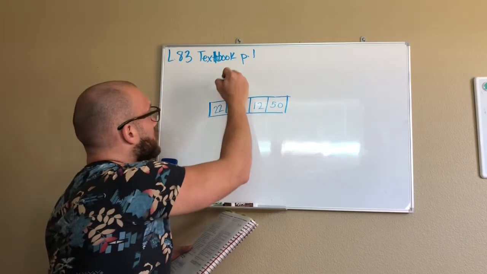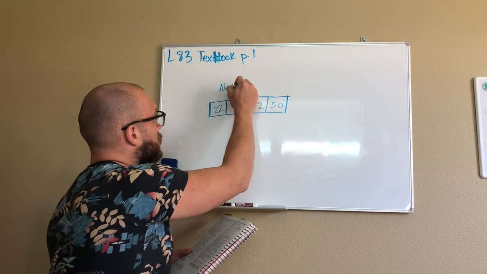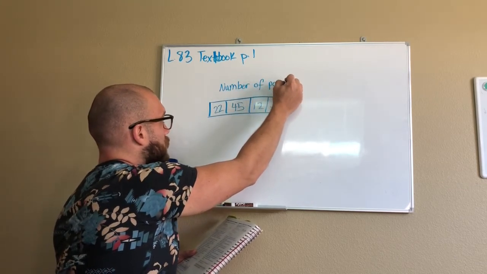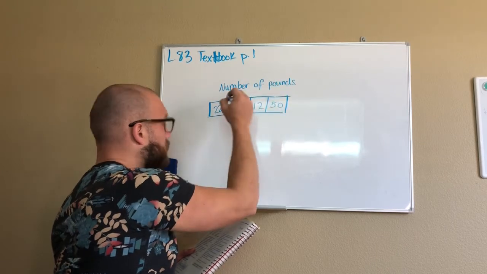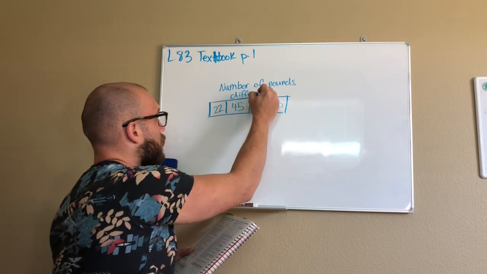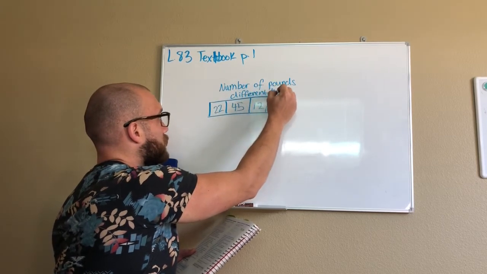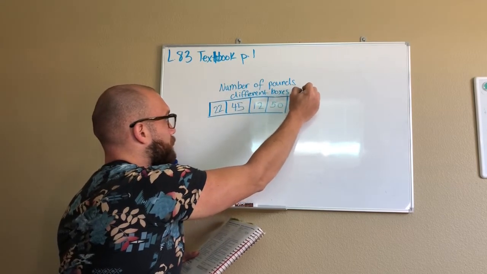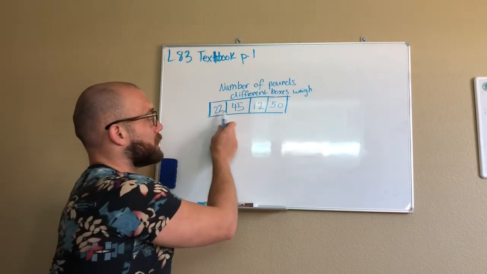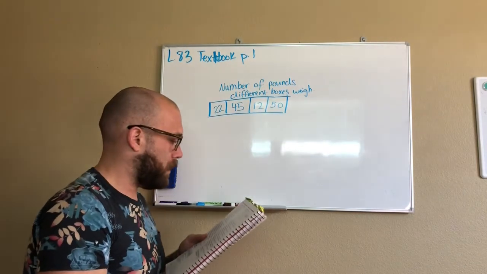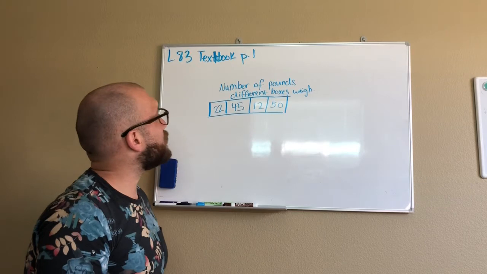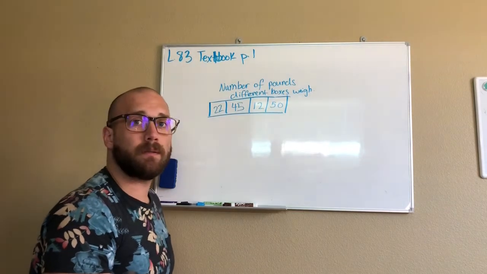So this is the number of pounds different boxes weigh. Each box is a different weight. What's the first thing we need to do to find the average of these 4 numbers?